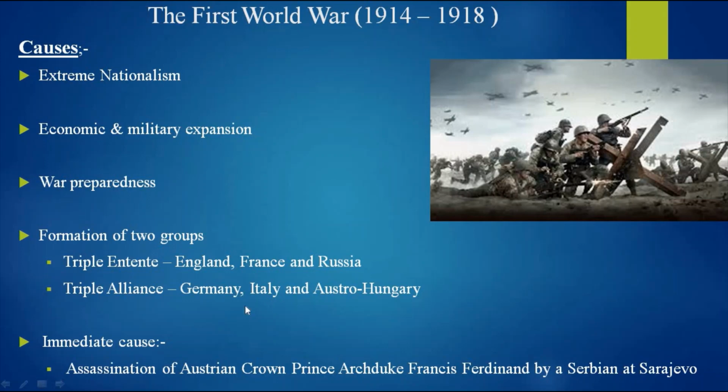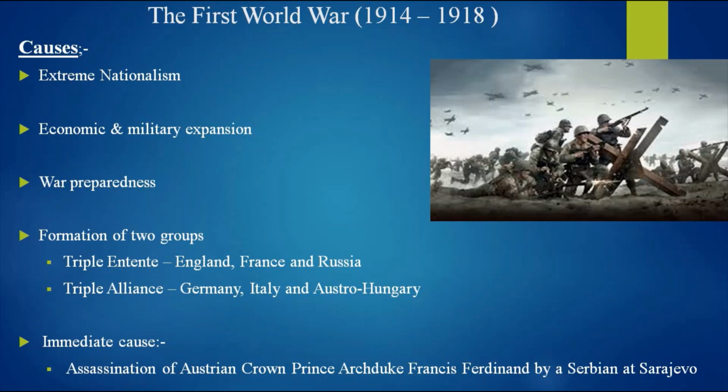To remember easily: Germany, Austria, Hungary, so it ate Italy. So two groups developed. They suspected each other, hatred started, military power expanded and weapons increased, and that resulted in the war.